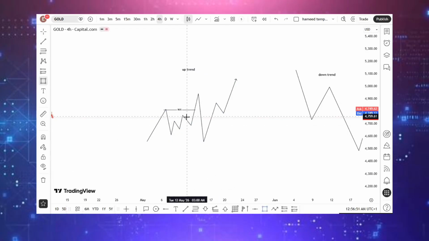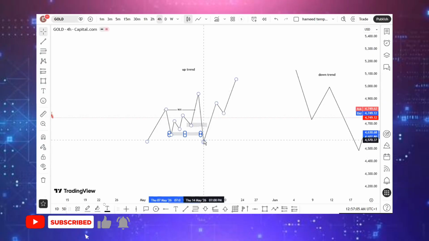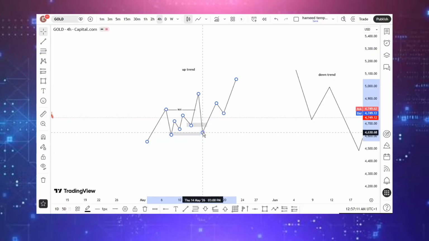Most traders will have a position here, or here. And with this move now, I've already hit a sell. So you just have to look for the one that is perfect for you. That's why you cannot be winning every trade. You lose some and you win some.